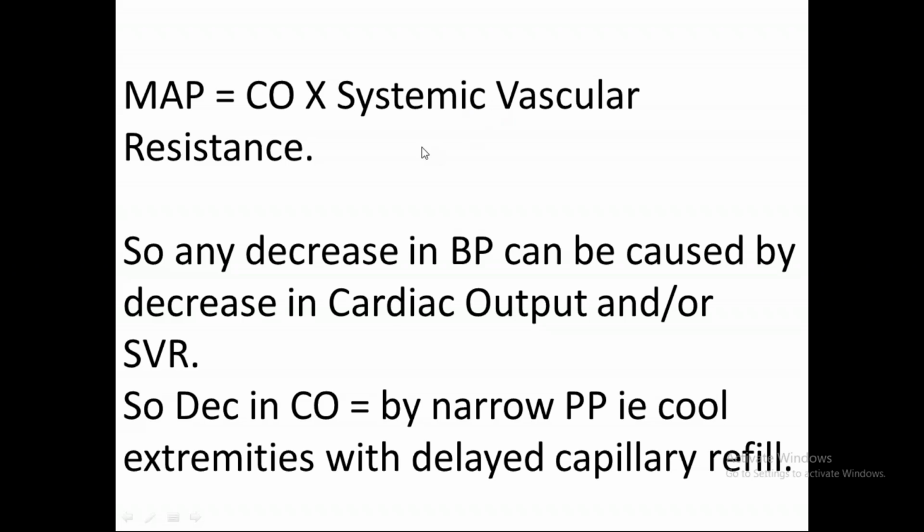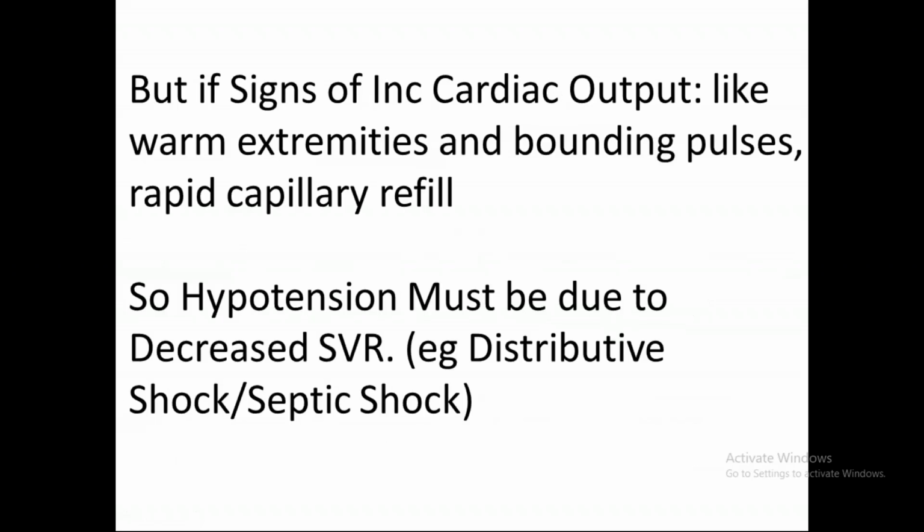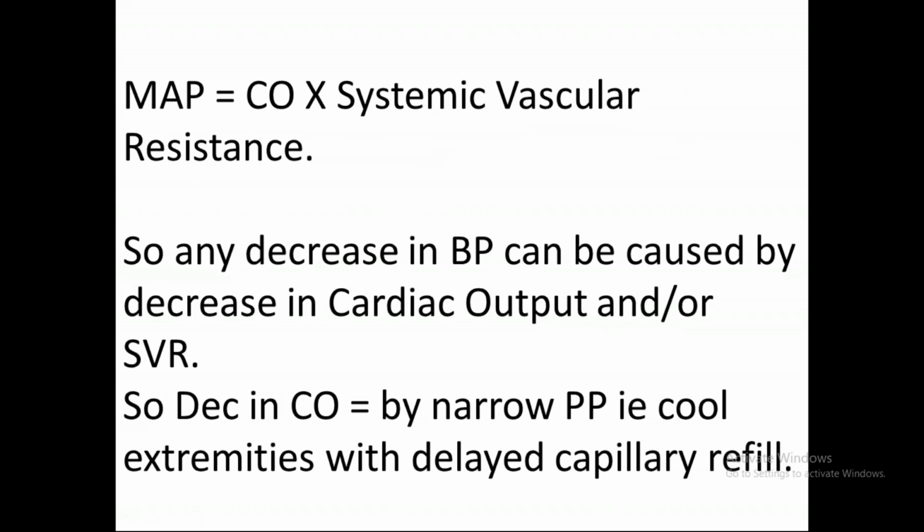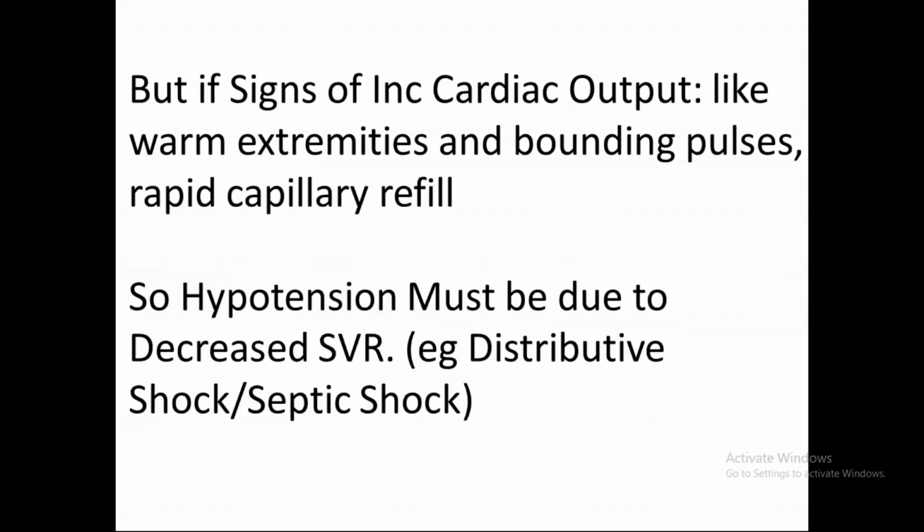If the cardiac output is decreased, we will get to know by cool extremities and delayed capillary refill, while an increase of cardiac output will have warm extremities and bounding pulses. So a decrease of pressure could be due to a decrease of cardiac output, which can be made out by cool extremities. And if the patient is in shock, there is decreased blood pressure, yet at the same time, there are signs of increased cardiac output.